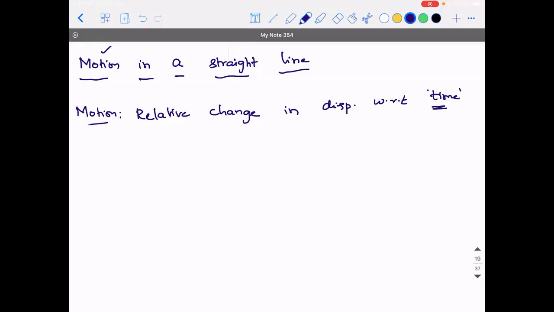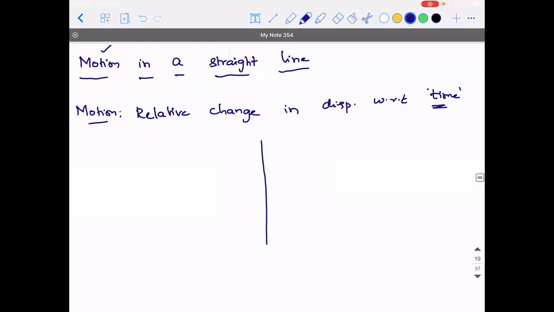in motion? For example, if I take a coordinate axis like this, or I'll do the reverse analysis of it. If suppose I have an object at point A, okay, and the object, let's say, has got displaced to another point B, and the object has got displaced to some other point C. Okay. If I ask you to track the motion of this particular object, what can we do?